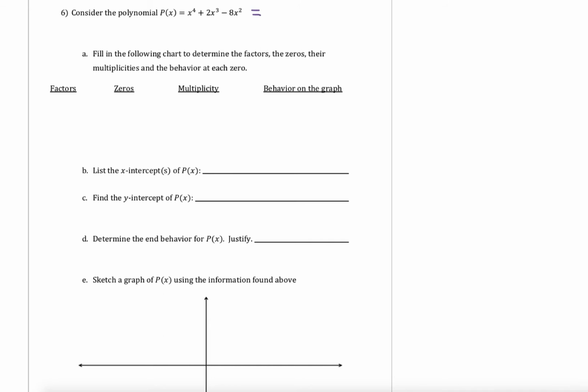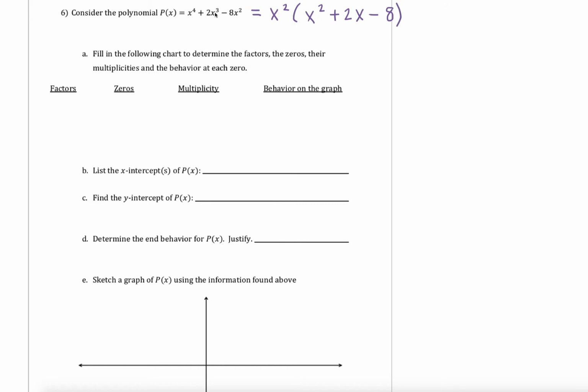Each one of these terms has an x squared that I could factor out of the whole polynomial, and that would leave me with an x squared on the outside, and then inside I'd be left with an x squared plus 2x, and then minus that 8 for our constant term.